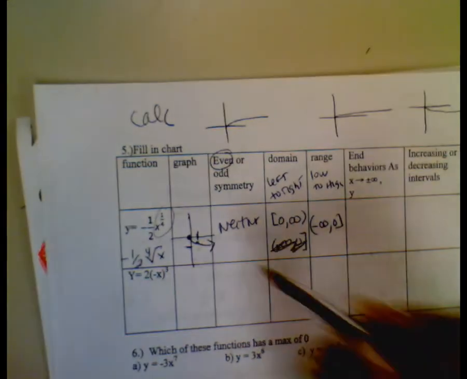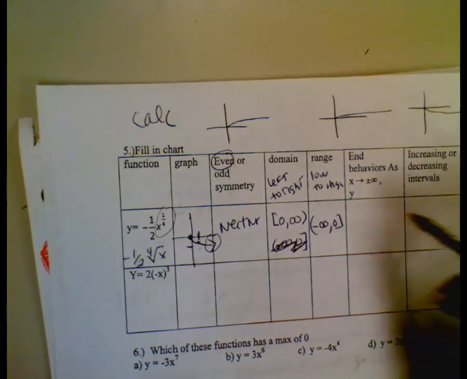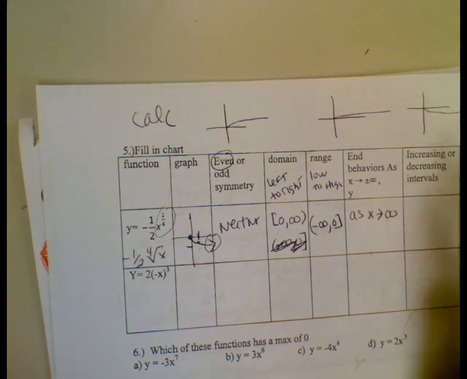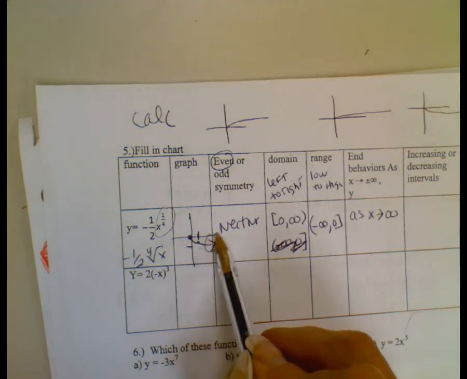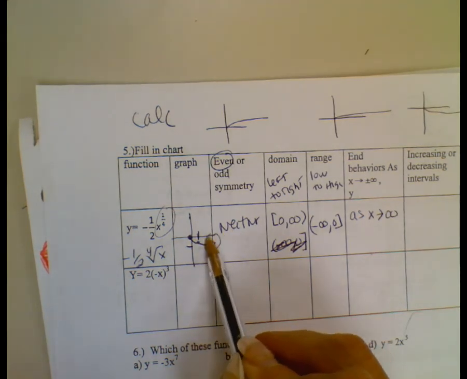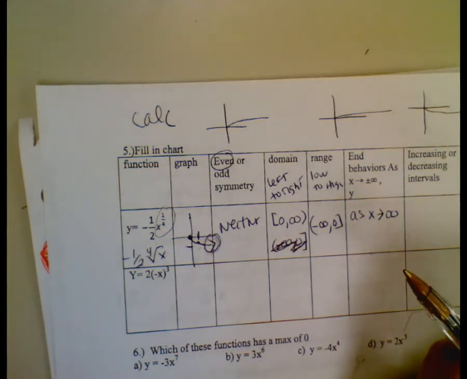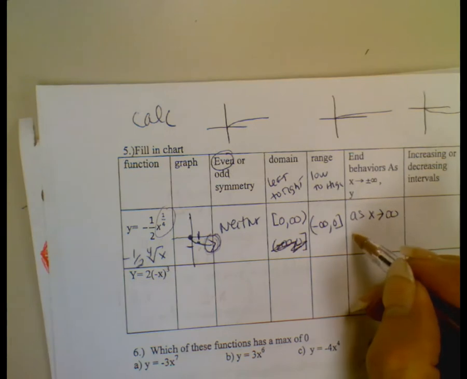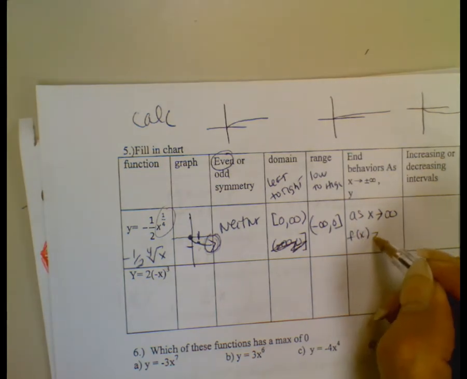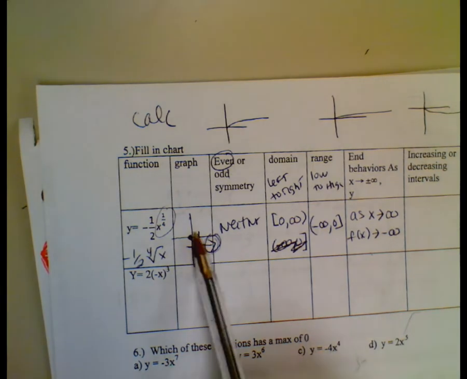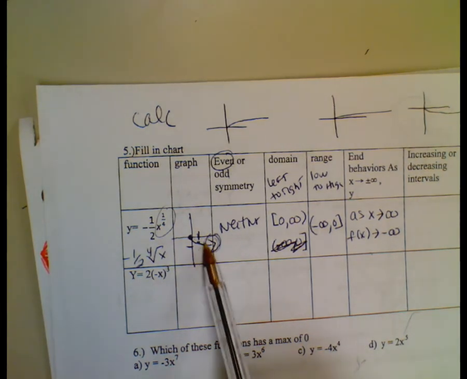What is the end behavior? You're just describing this. So you would say, as x approaches positive infinity, in other words, as x goes to the right, what is happening to that one end? You would say it's going down forever. So you say f of x approaches negative infinity. As x goes to the right, the end is getting lower and lower.